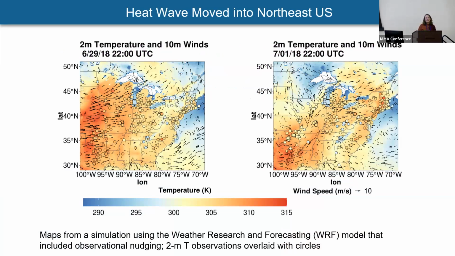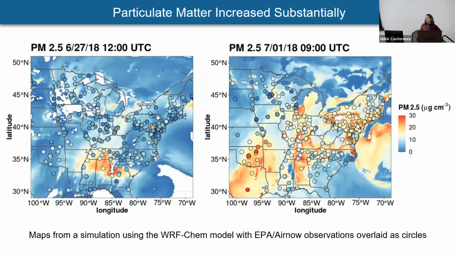And what you see is that on the left is the surface or 2-meter temperature from a few days before the polluted event. It was hot in the Midwest and it moved to the New England region, where you can see on the right that the high temperatures persisted over to the east. This affected particulate matter as well as ozone.